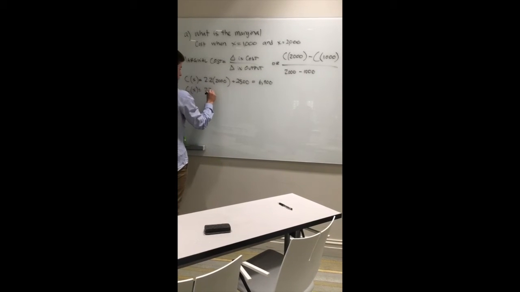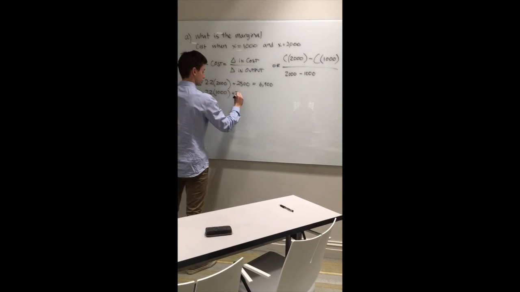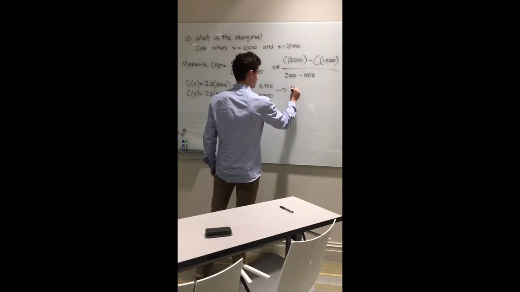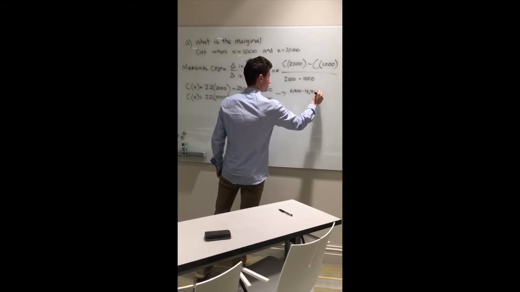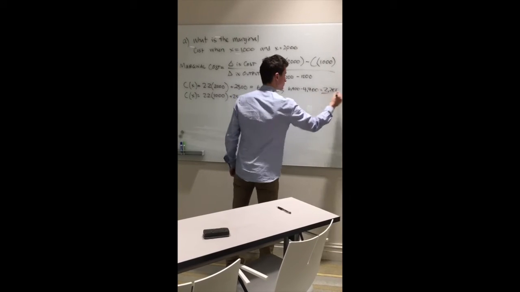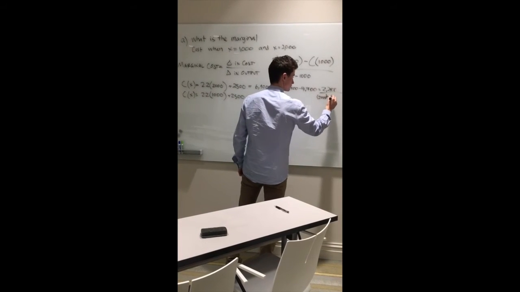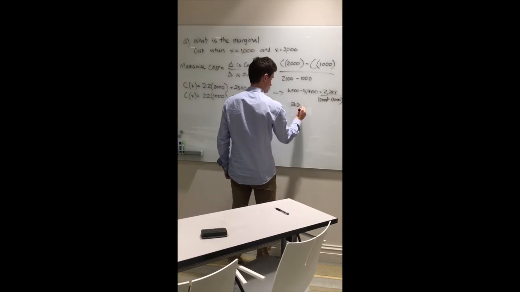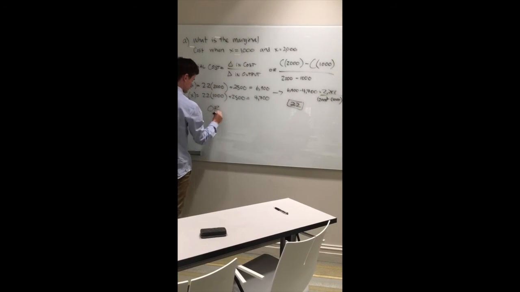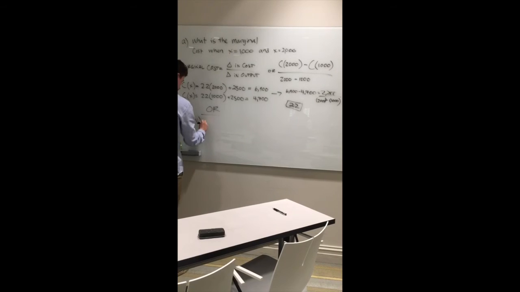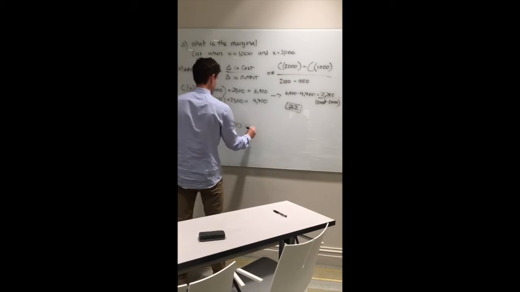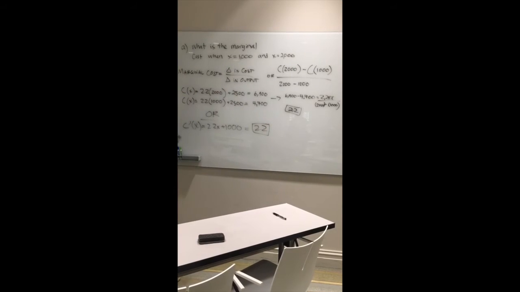And when you plug in 1,000 to the function, you're going to get 4,700. So when you find the difference of that, also known as the change in the cost, then you're going to get 2,200. And when you put that in the numerator, divided by the change in the output, which is 1,000, you're going to get 2.2. Or you can just find the prime, or the derivative, but that's just how it works out.